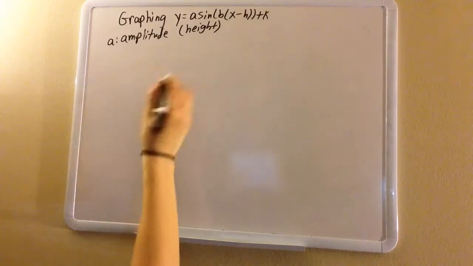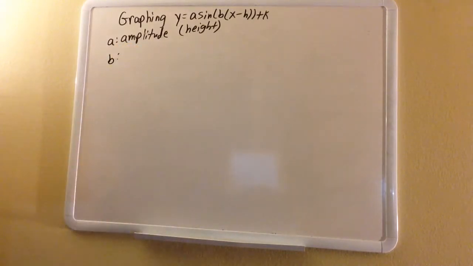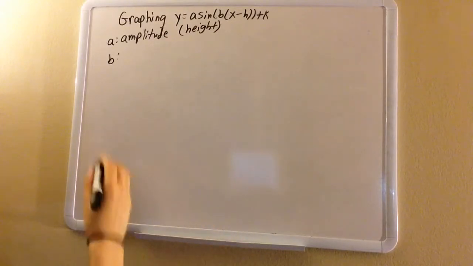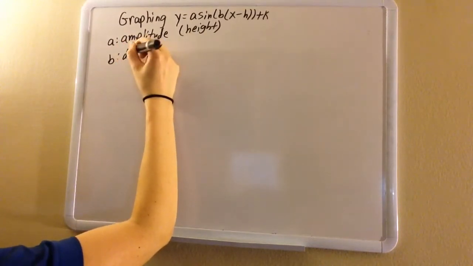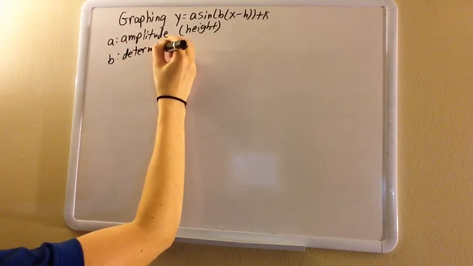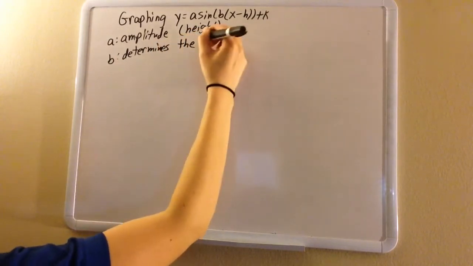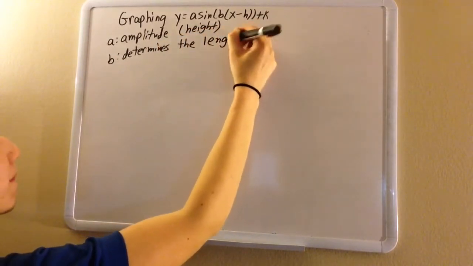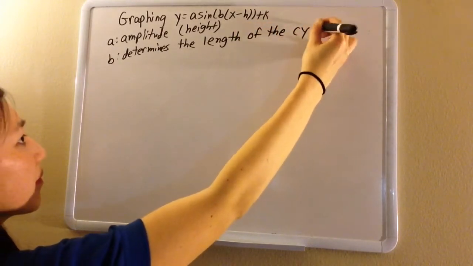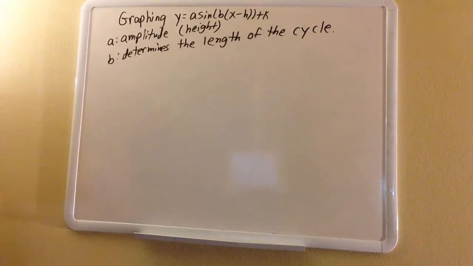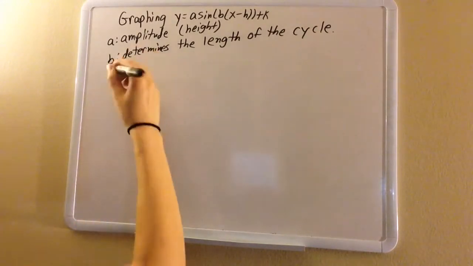Okay, next thing that you see is B. Now B is really what changes our important x points, okay? And we talked about before how this determines the cycle. So I'm going to say it determines the length of the cycle.